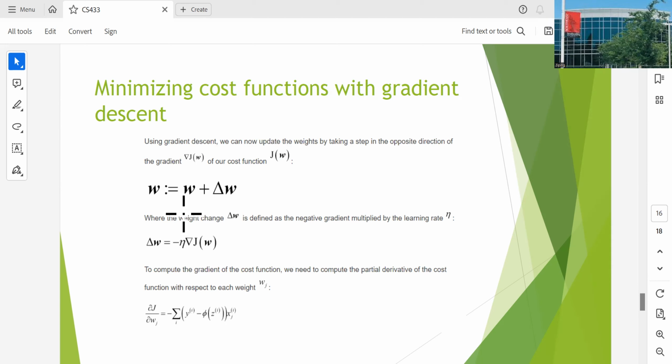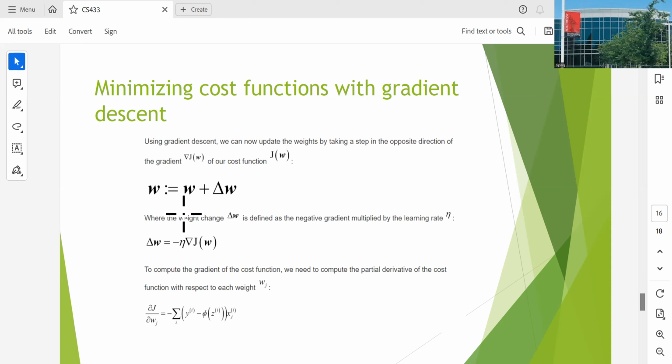You take the difference between the actual output and the calculated output, times the feature. For each example, you can do this. Then you can calculate the delta W. Once you calculate the delta W, you can update the weights, and keep updating.